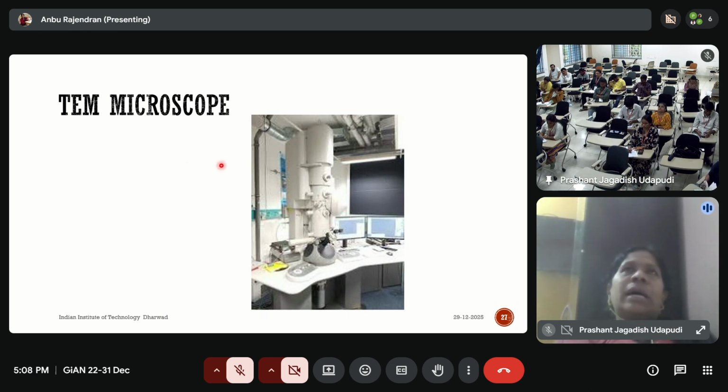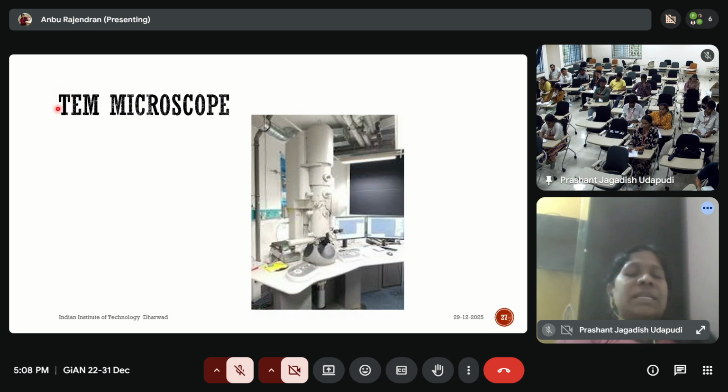Just as SEM follows a standard sample preparation procedure, TEM also has a standard sample preparation procedure, but it is not as simple as the sample preparation of any specimen for SEM analysis. TEM requires a very thin sample, around 30 to 40 microns. Preparing a very thin sample in a regular manner is impossible.